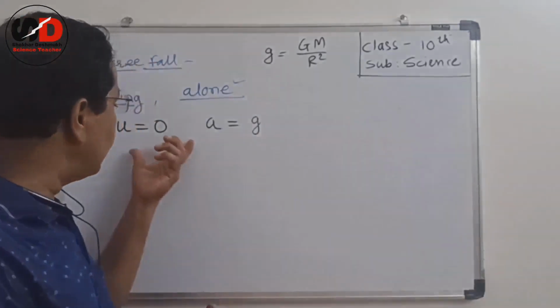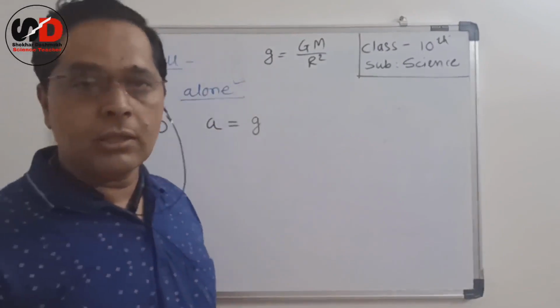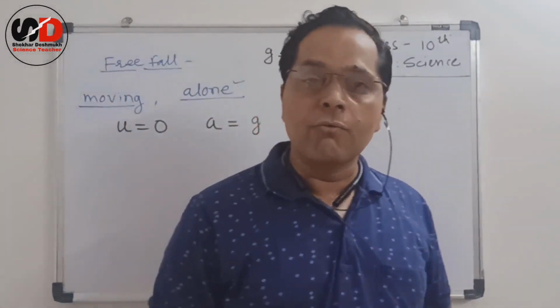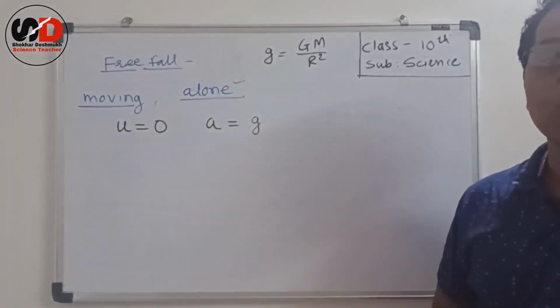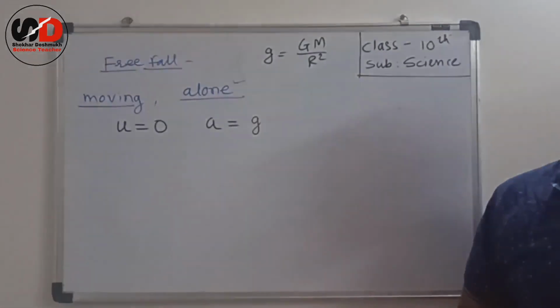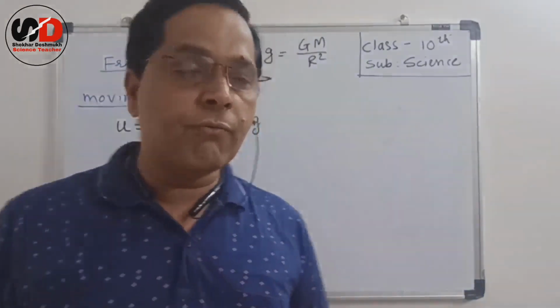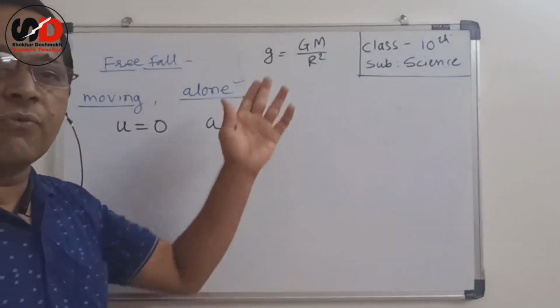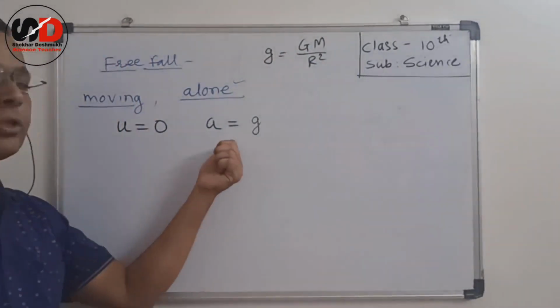So by using these two changes, we can rewrite all of Newton's equations of motion for a free falling object.